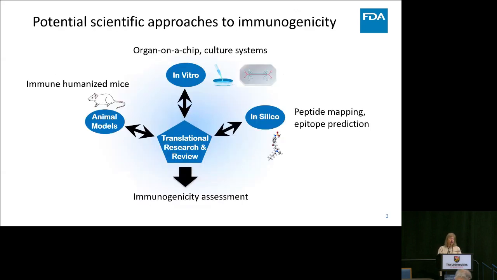Okay, so I'd like to start with just this overview of different types of techniques. There are many different potential approaches, and we spent much of the first day going over what would be considered in vitro approaches, whether it's adaptive immune approaches or innate immune approaches. However, there are other ways to look at things. We also heard about in silico, so different types of modeling techniques.